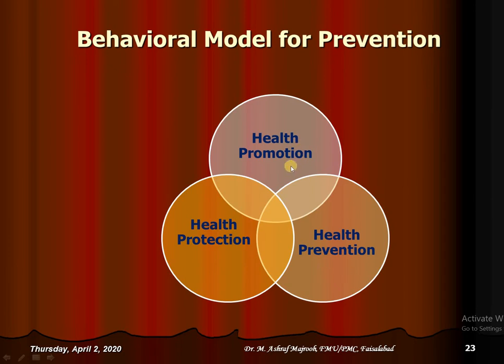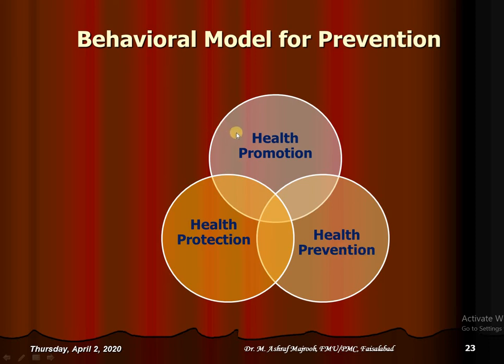This is the self-domain, meaning informed choices, and this is the worker domain mainly. And then there is health protection. It is the compulsions and enforced actions, the actions they are compelled through legislations. And these are the responsibility of health prevention. These are the actions of the health professionals to be taken.